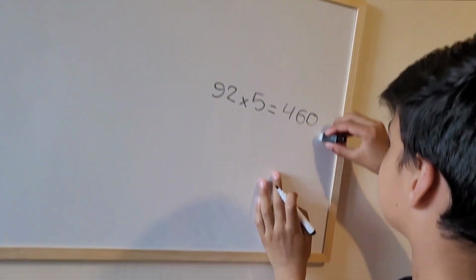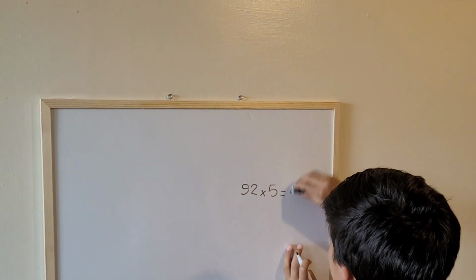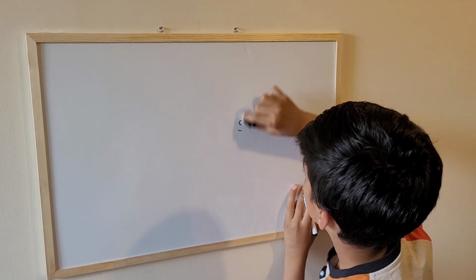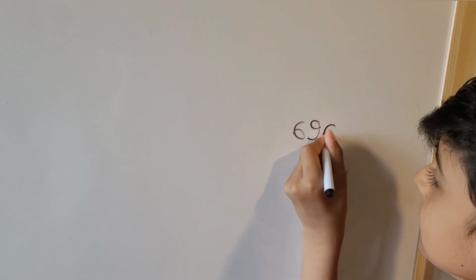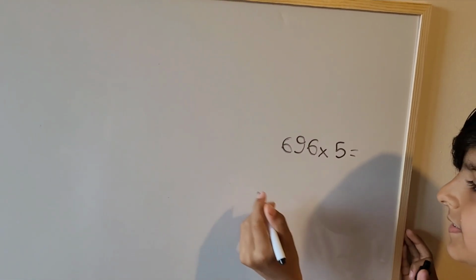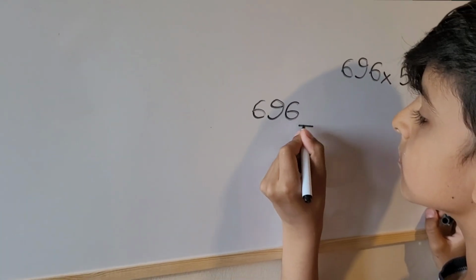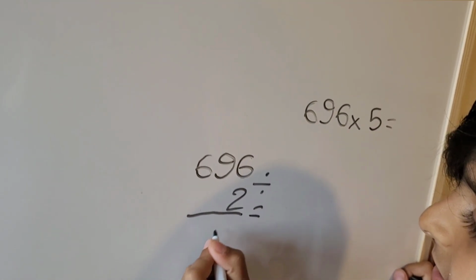Now let's look at some more examples: 3-digit numbers, and then we do 4 digits. First, let's do 696 times 5. 696 divided by 2. You can do double digits at a time.